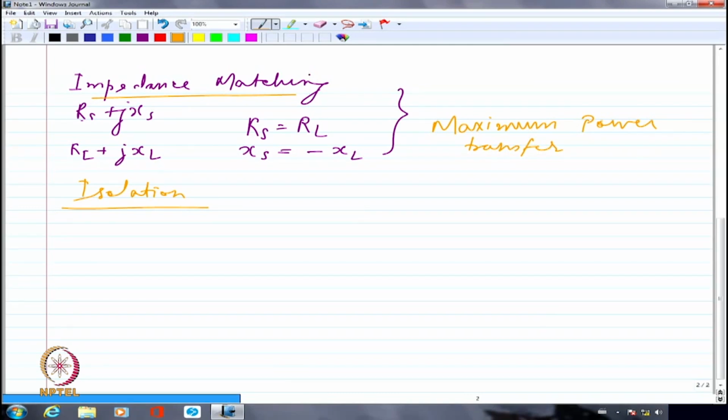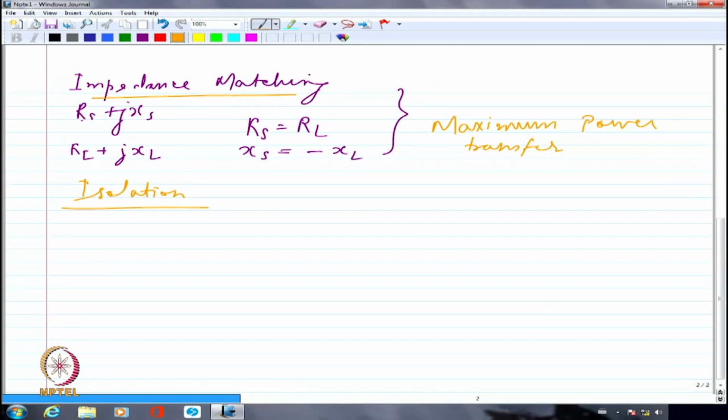So the earthing or grounding you do for a high voltage source will be separated from the low voltage side with the help of a transformer, because the transformer does not have any direct electrical connection. It is coupled only by electromagnetic induction. It is only magnetic coupling.